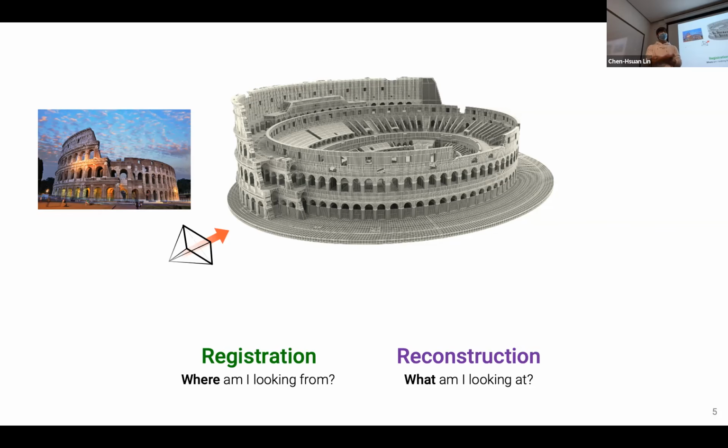You can think of tasks like camera localization or pose estimation, where we typically have some predefined or given 3D model, and then we solve for the corresponding camera poses with respect to the images.